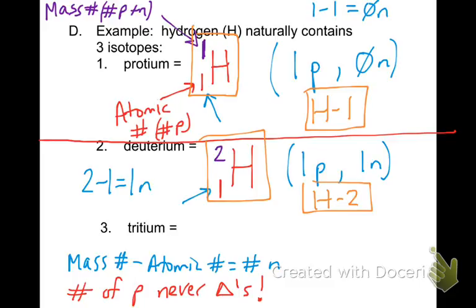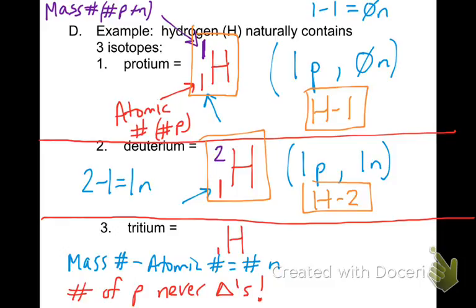Last but not least, let's draw our symbol for tritium. Tritium sounds like 3, so yeah, it is. So our mass number in this instance will actually wind up being 3. Our atomic number, remember, always remains the same. Our mass number here is 3.